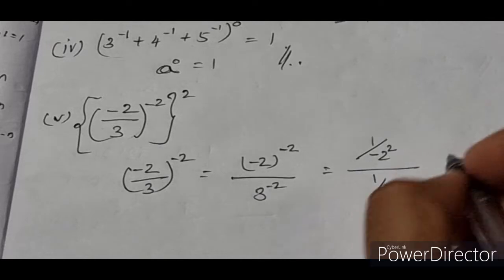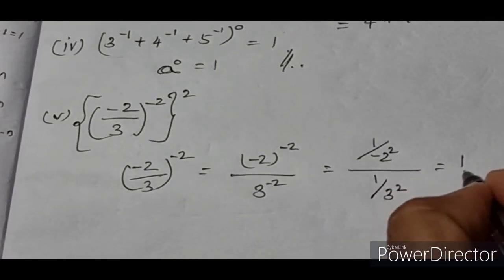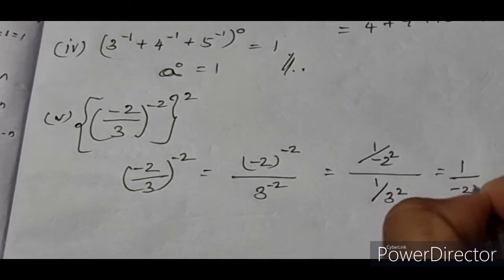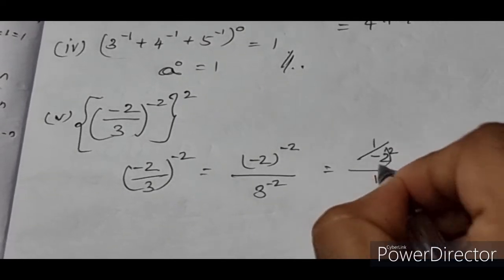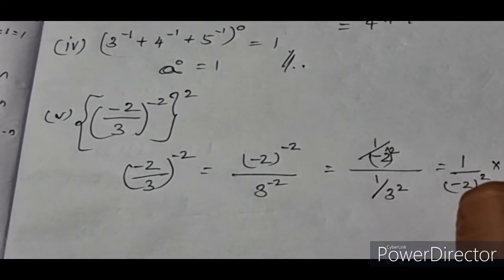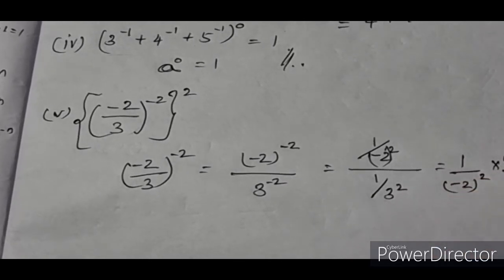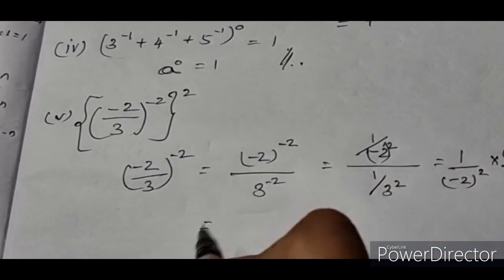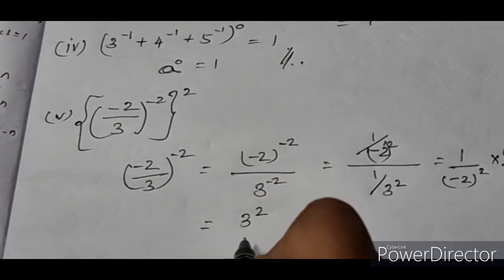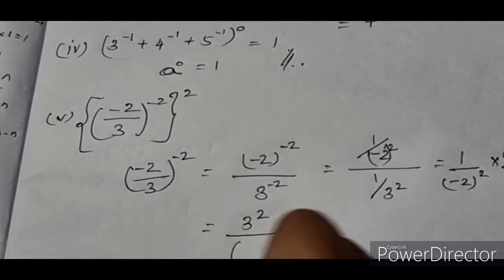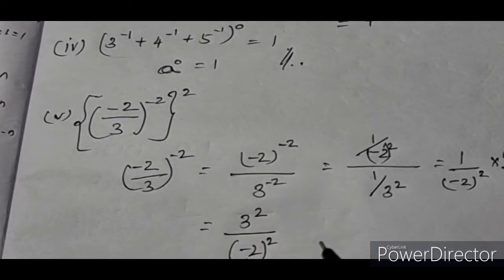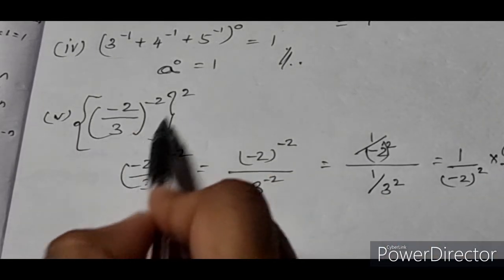Okay, by doing a cross multiplication, we will get into 3 whole square by 1, which is nothing but 3 square divided by minus 2 square. Okay, this is nothing but the internal part.